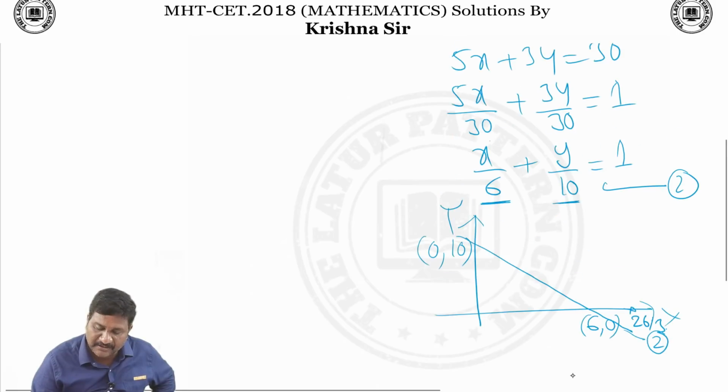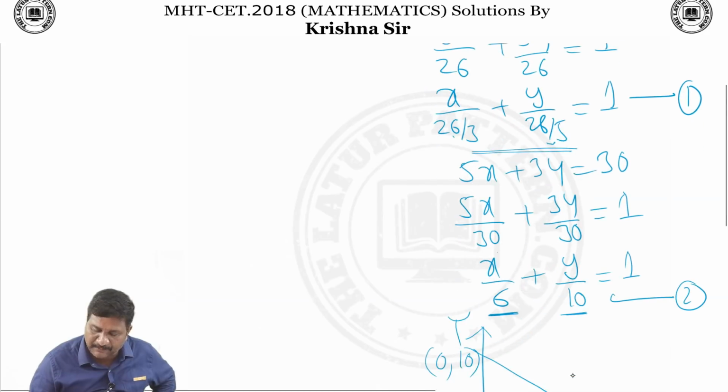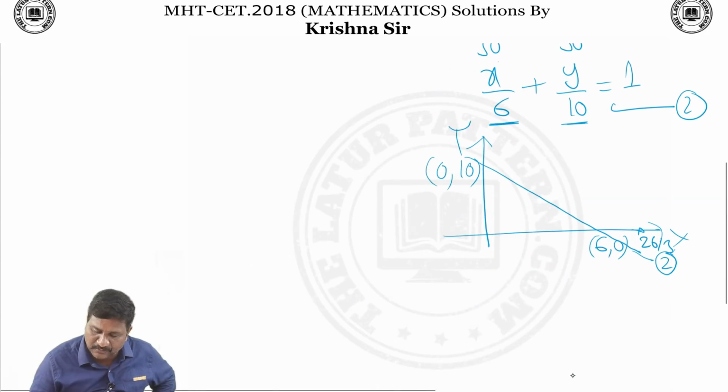Similarly, the y coordinate 26 by 5 comes to 5 point something, it comes below 10, 26 upon 5. So our first line can be taken as this.